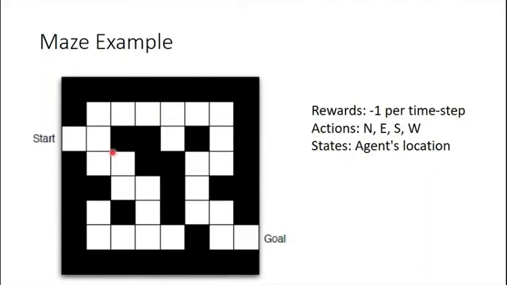So you should be able to reach the goal with the shortest number of steps, because the more steps you take, the more negative your rewards become. The best possible scenario is to minimize the number of negative rewards, and that can be done only when you reach the goal in the shortest possible number of steps, because each step requires one time instant.